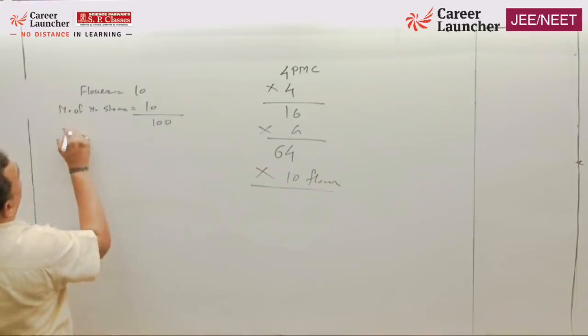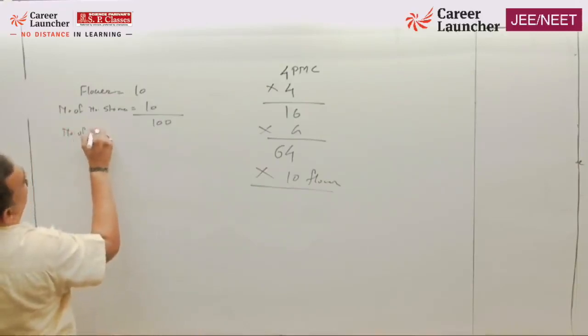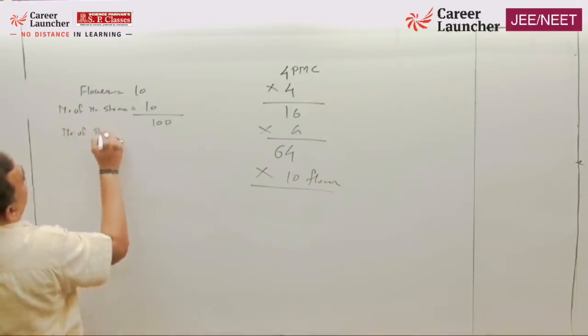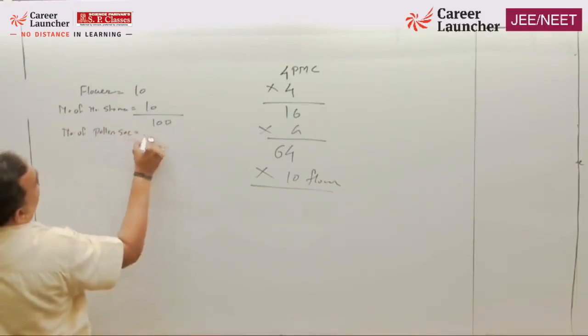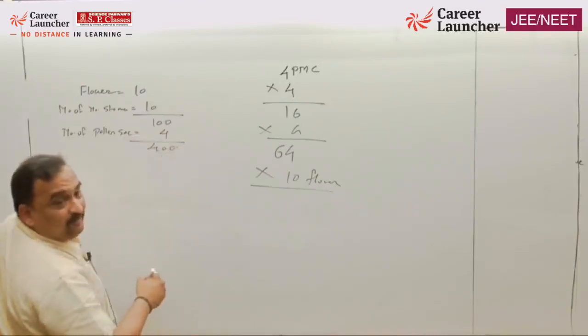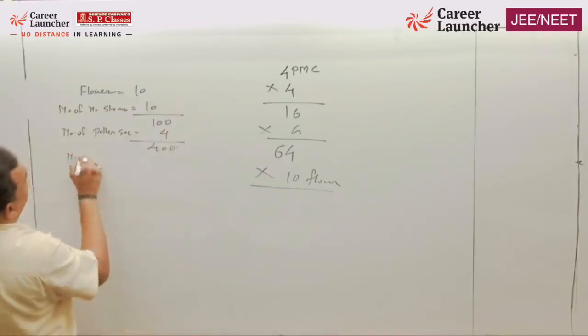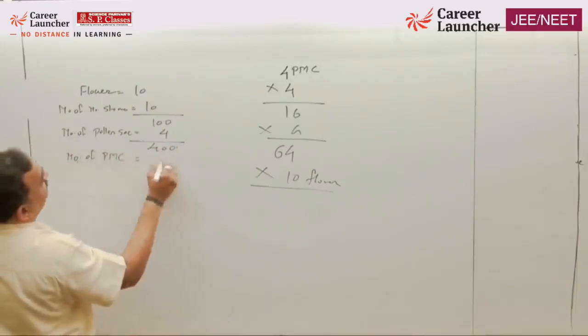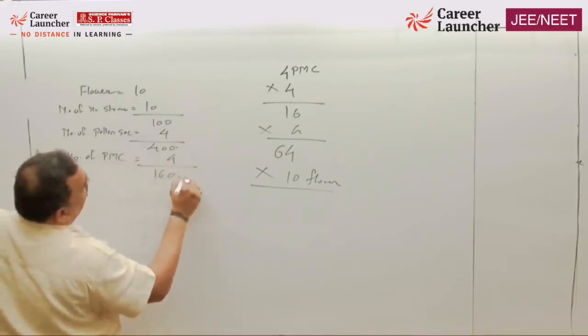Then the number of pollen sacs, 4 in each, so it becomes 400, yes or no? Then the number of PMCs is 4, so that becomes 1600.